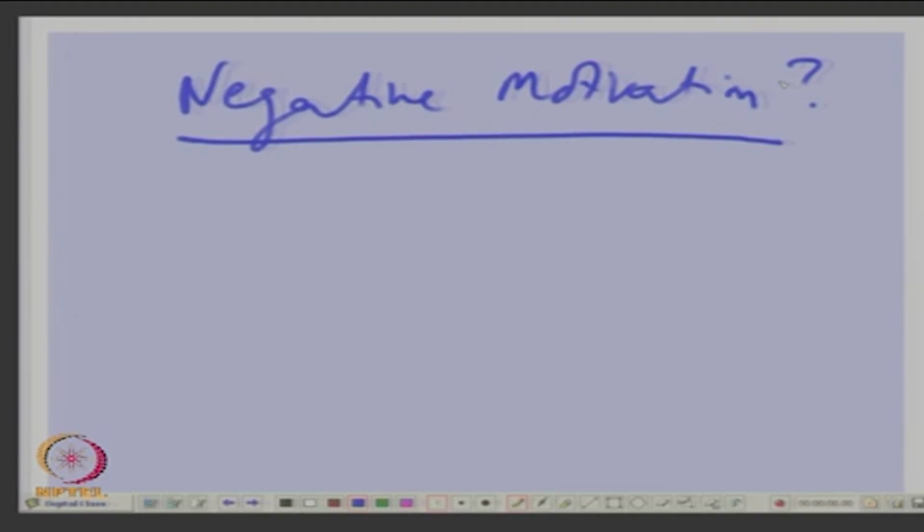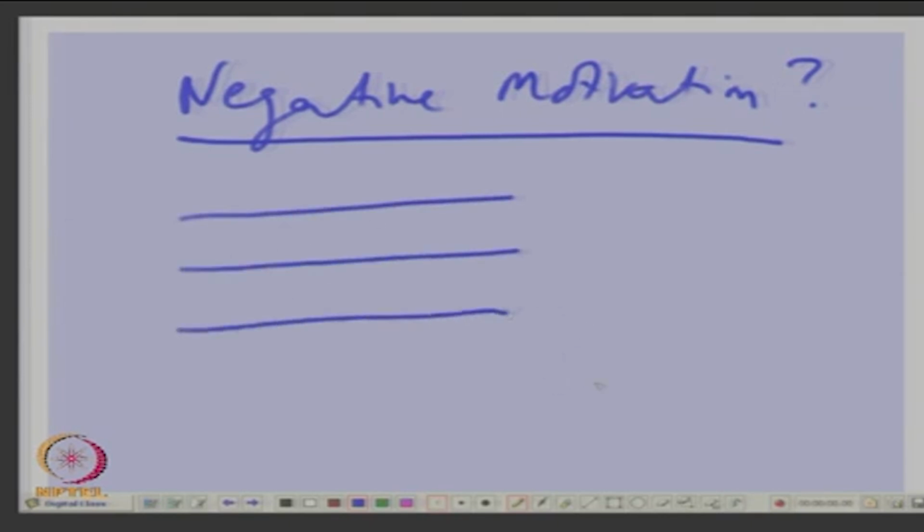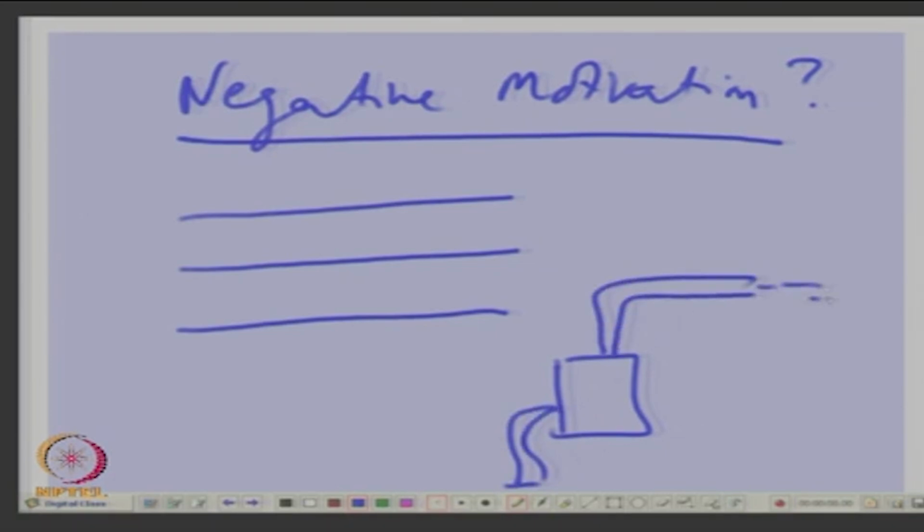So, the normal 3 lines are there, and this fellow is using his pump. So, he is supplying water to his fields, and this is giving 3-phase power to these motors here.